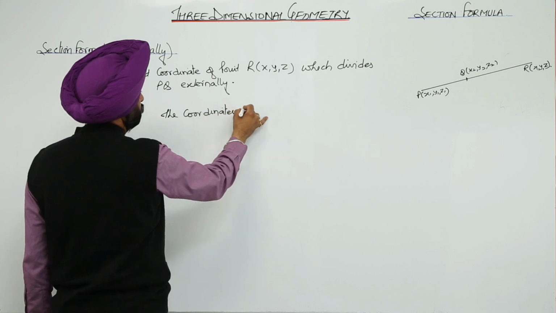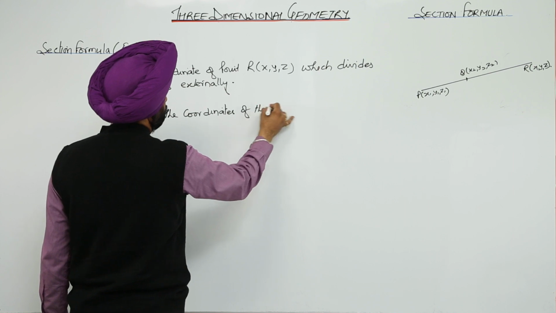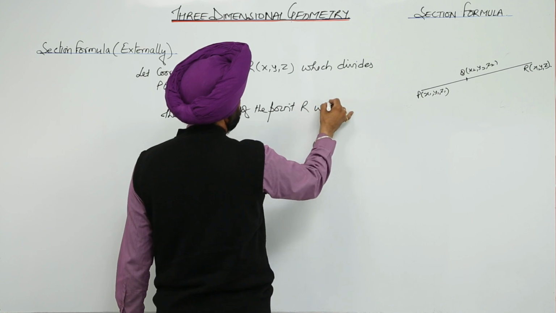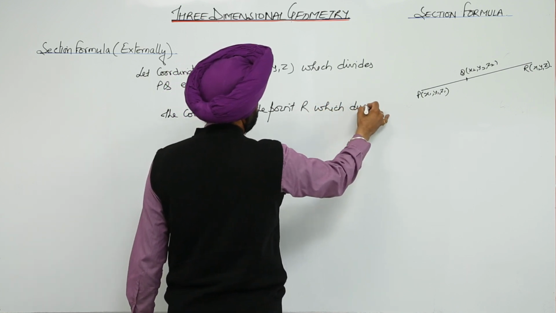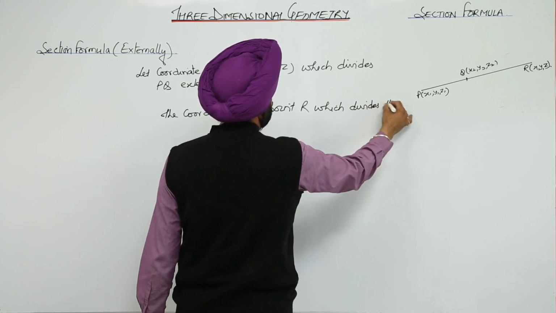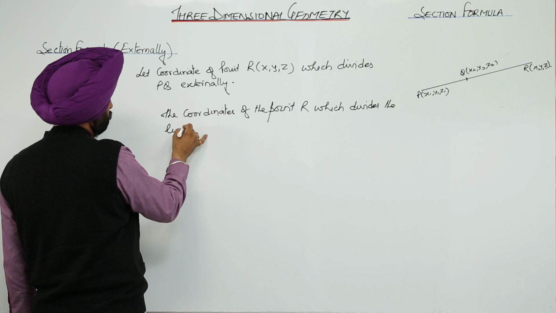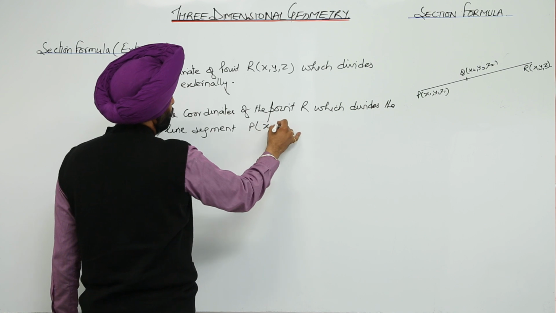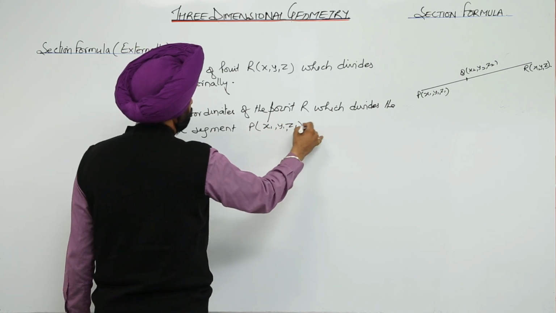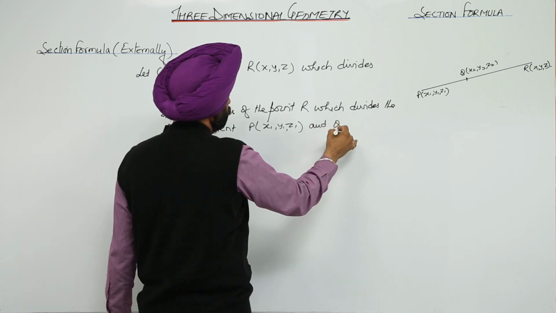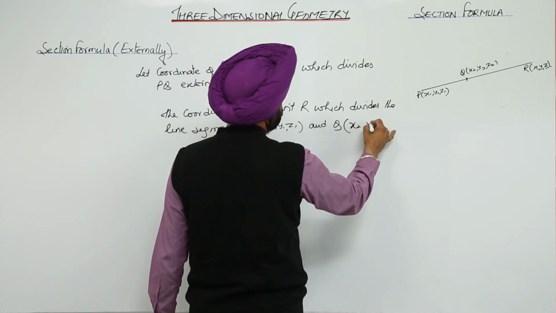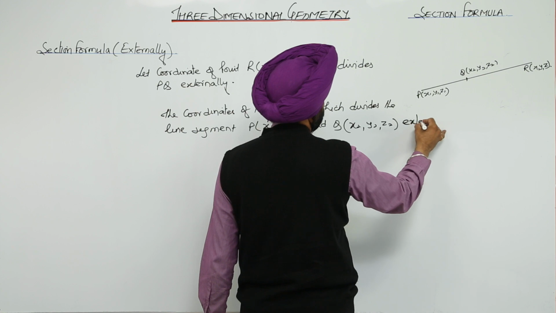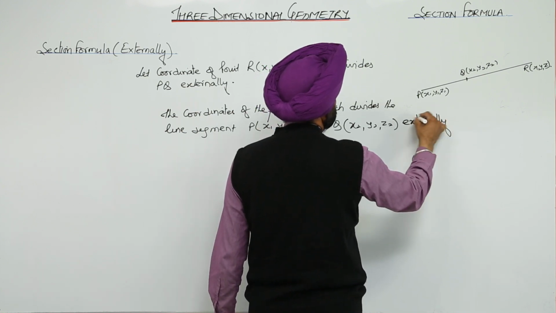Now the coordinates of the point R which divides the line segment P with coordinates x1, y1, z1 and Q with the coordinates x2, y2, z2 externally.